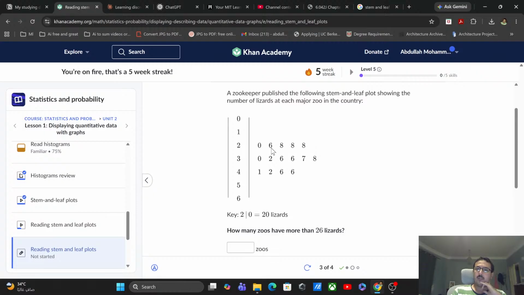So here we got 26 lizards. 1, 2, 3, 4, 5, 6, 7, 8, 9, 10, 11, 12, 13. 30.